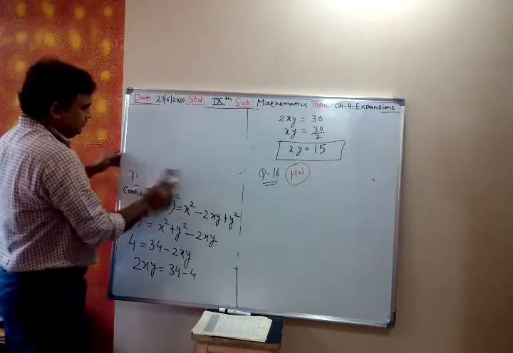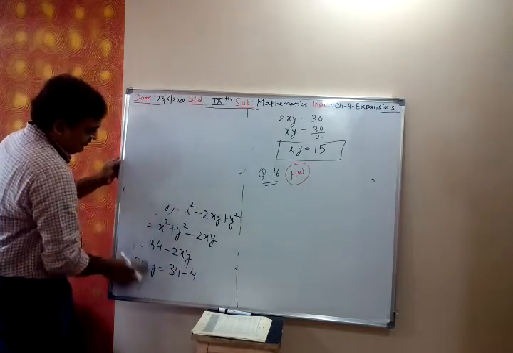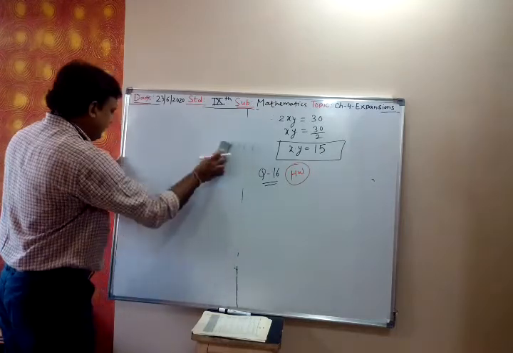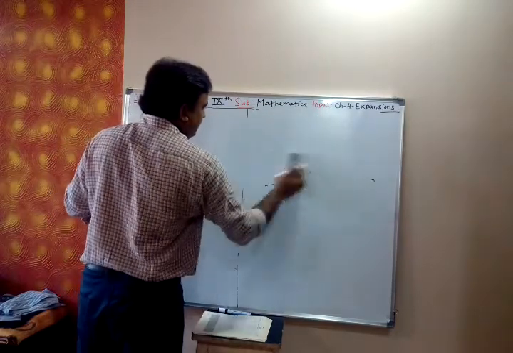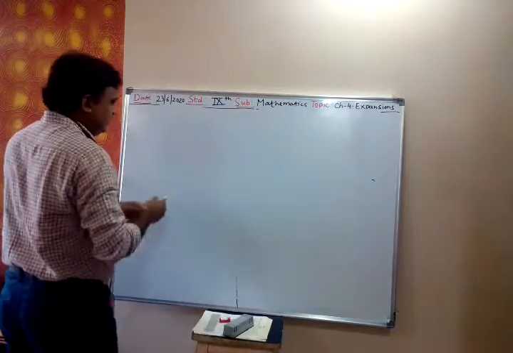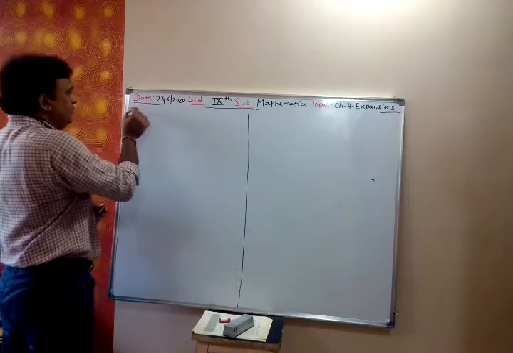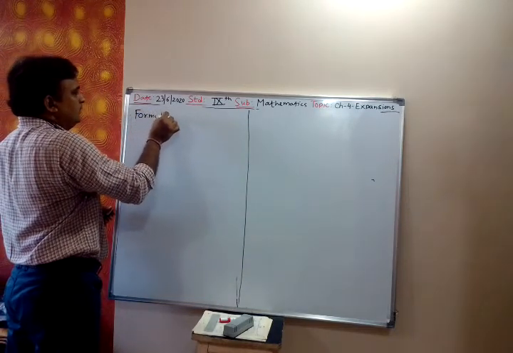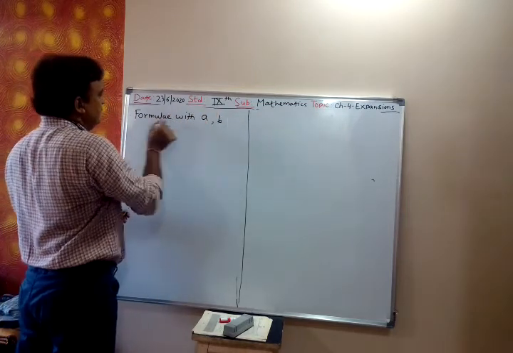Now all of you make two groups. On one side, write formulae with variables a and b.